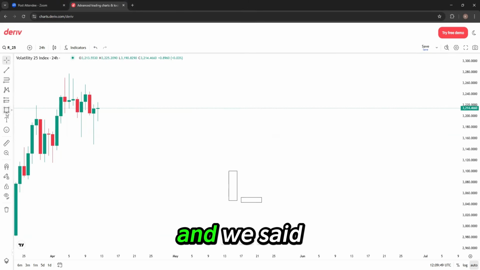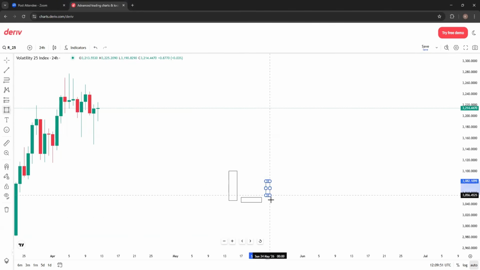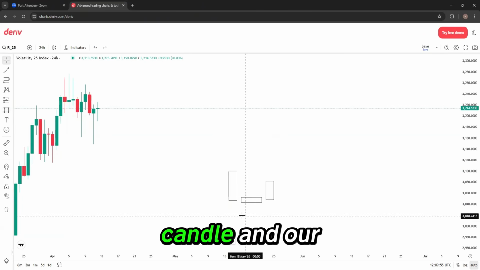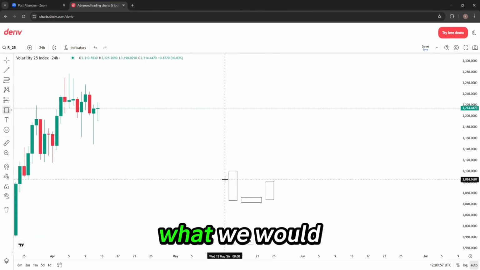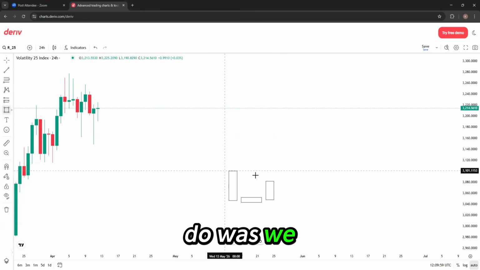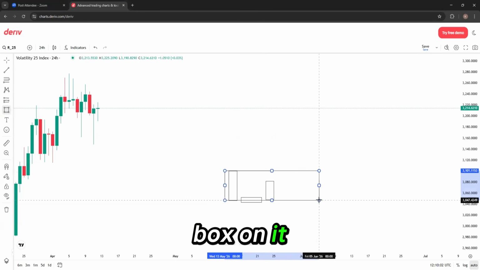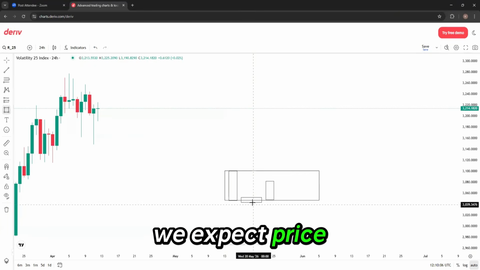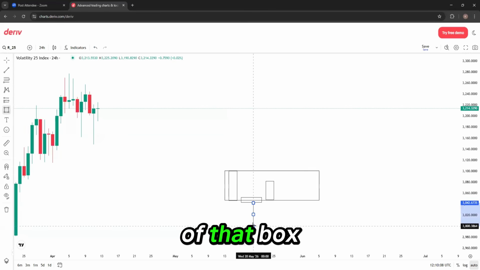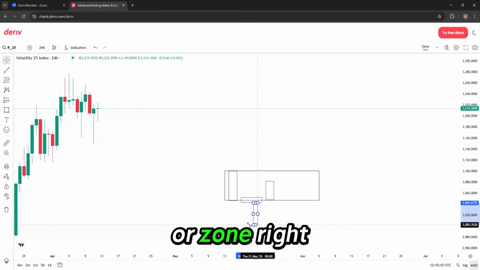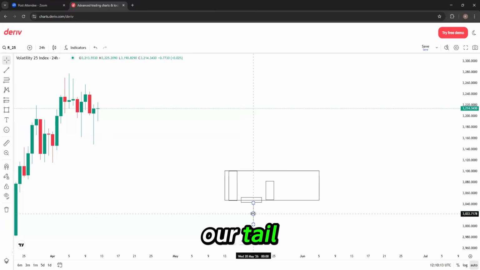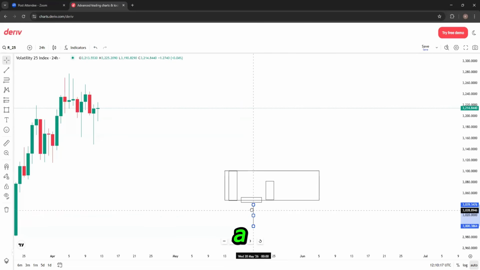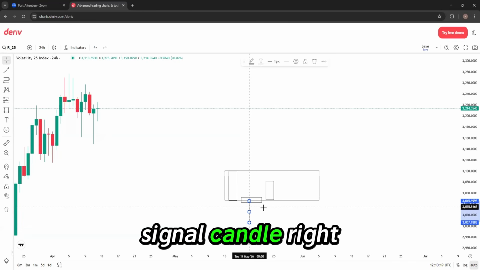As soon as we saw our push candle and our signal candle, we would mark a box on it, and we expect price to break out of that box or zone. So this is our tail, which is going to be the main thing that tells us that this is a signal candle.